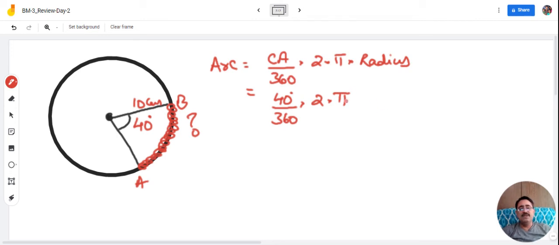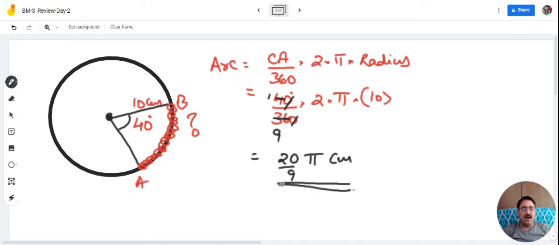The radius is 10 units. Then let's compute. The 0 gets cancelled, and you may use a calculator if you want. So 1 times 2, 2, 2 times 10, that gives me 20 over 9 pi centimeters. That's the length of the arc.